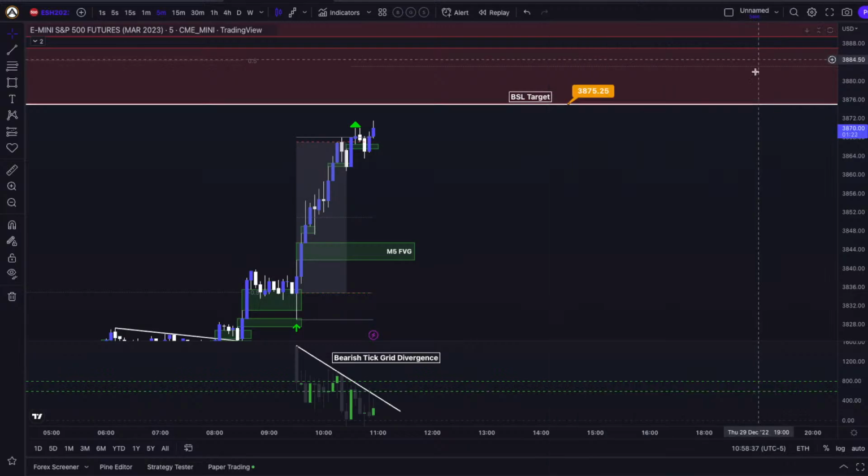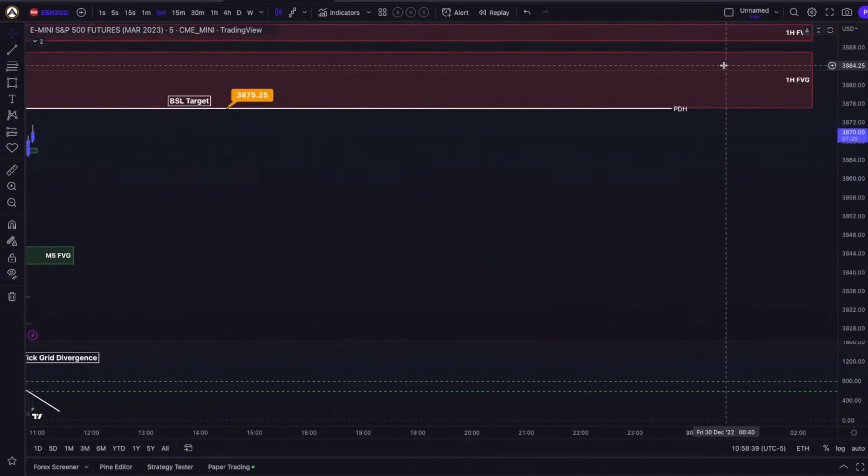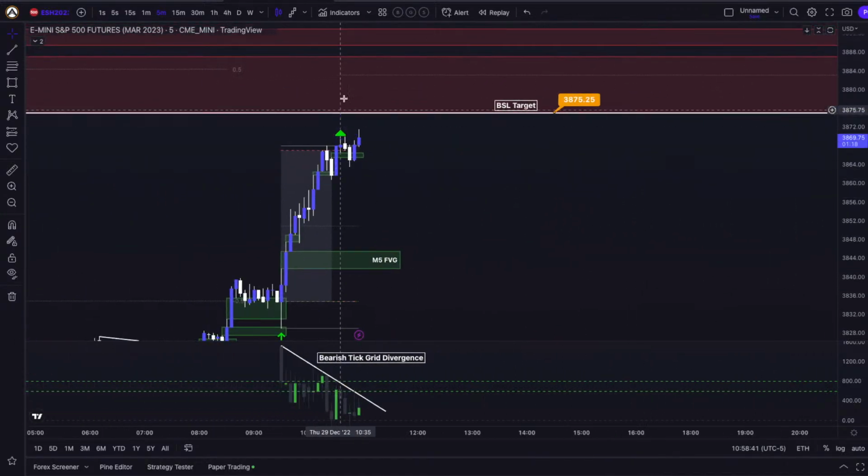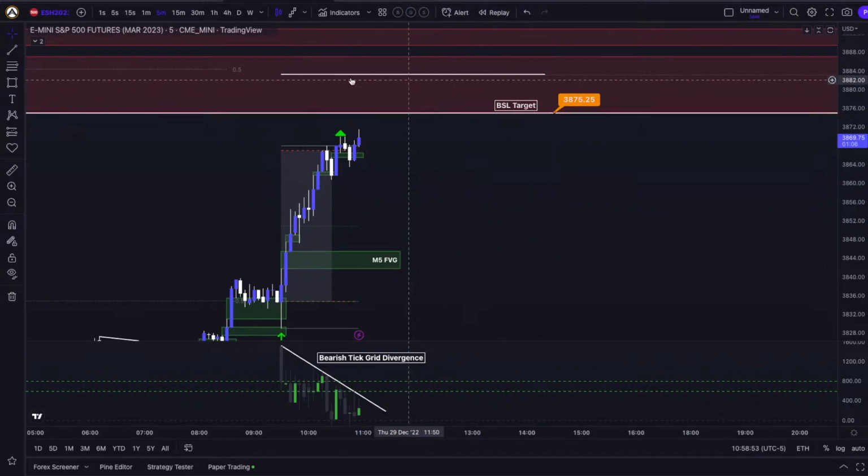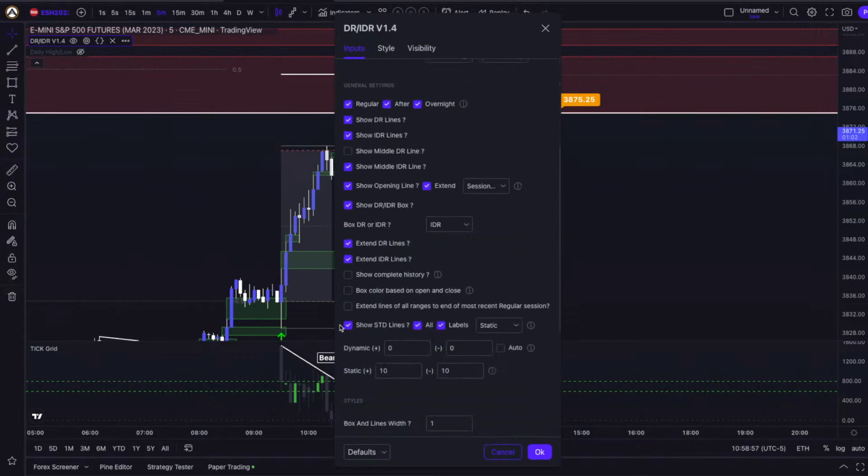So our 0.5 standard deviation right here, this gray line, is our target. I am going to mark up this line so we have it for the record right here at this level. Now we can turn it off again. I don't like too many lines on my chart.